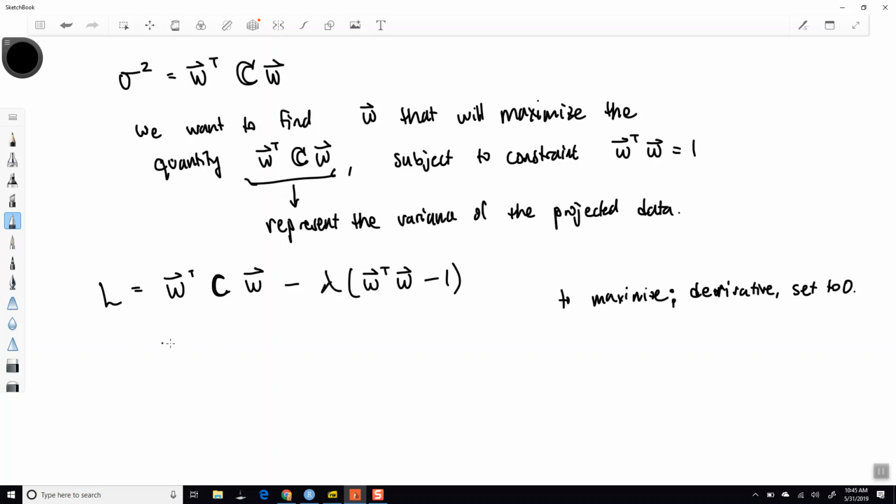So this is going to be 2 CW minus 2 lambda W, and the 0 goes away. And we'll set this equal to 0. I'm sorry, I left off the W here.